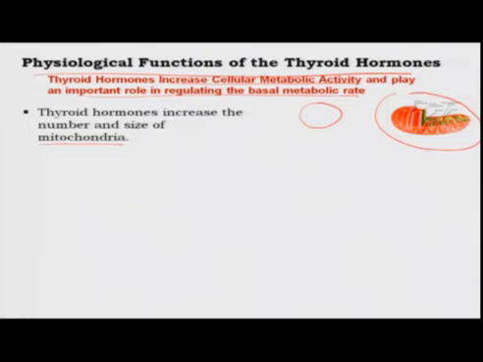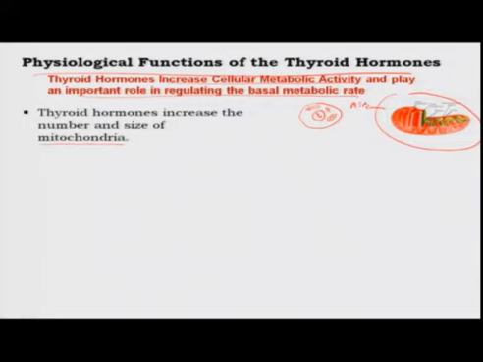The cell is made up of a cell membrane, then it has a nucleus where the DNA is present, and then it has a lot of organelles. You have heard of the endoplasmic reticulum, the Golgi stacks, and the mitochondria as well. These mitochondria are very specific organelles which are required for the production of ATP.